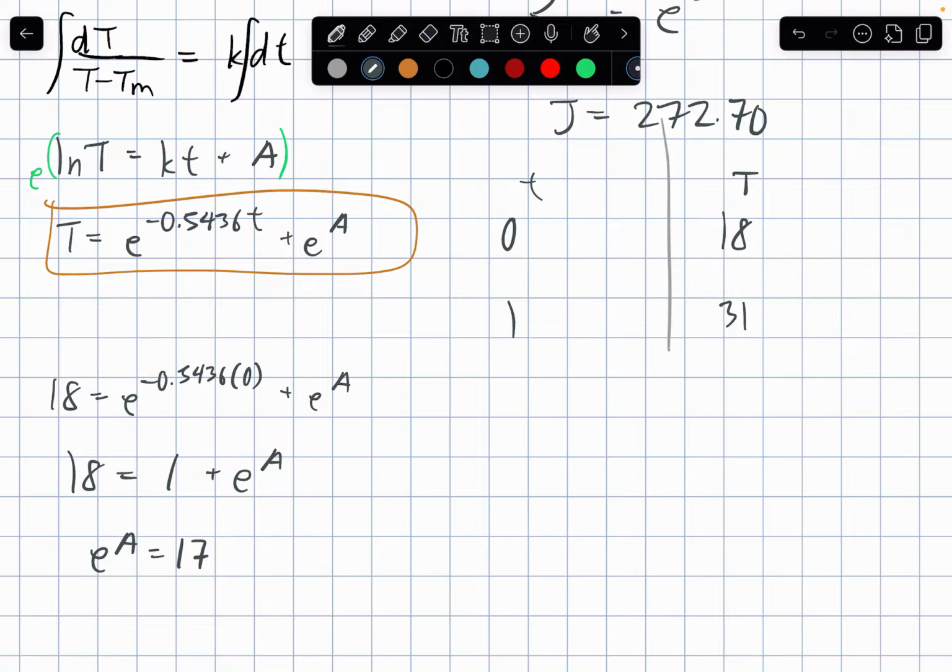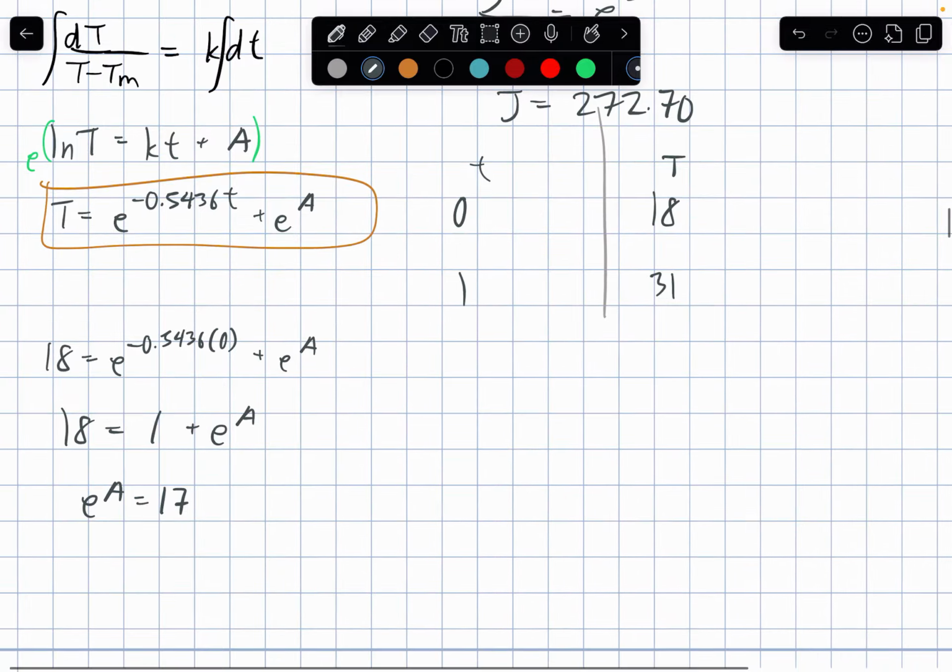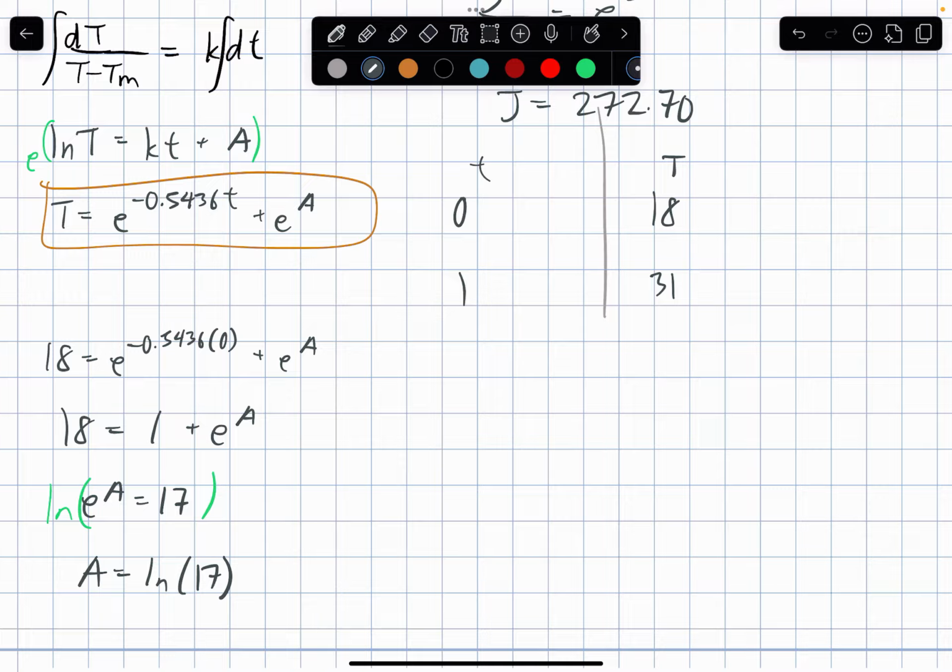So e raised to a is 17. If we want to ln both sides, to actually find what a is, ln of 17 is 2.83. That would suffice. But yes, e raised to a is 17, if ever we need it later on.